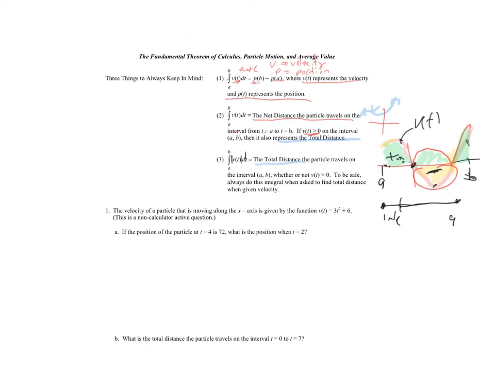Okay. I suppose I could have drawn that picture over here and done the same thing, but I think you get the point that a particle could have positive distance, then negative distance. And total distance would be adding both region 1 and 2 up, even though it's negative.